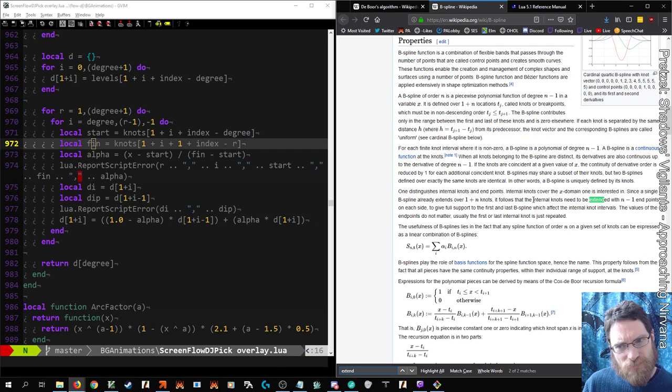But does that mean we do need lots of interior points? 1 plus n locations called knots or breakpoints. Internal knots cover the X domain. N plus 1 knots follows the external knots need to be extended with n minus 1 endpoints.